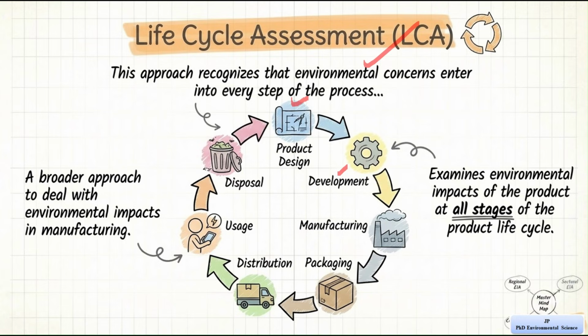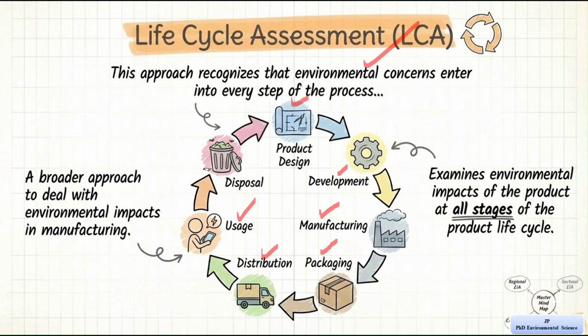Testing, preparing for production. Manufacturing, making the product in factories, uses energy, creates pollution. Packaging, packing the product, using plastic boxes, it can create waste. Distribution, transporting the product, trucks, ships, causes fuel use and pollution.